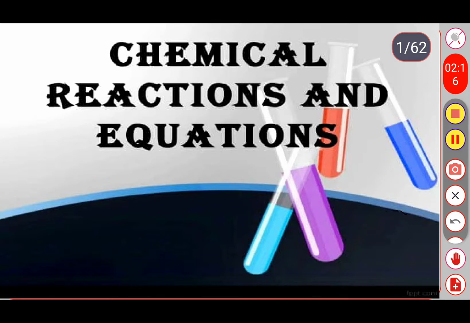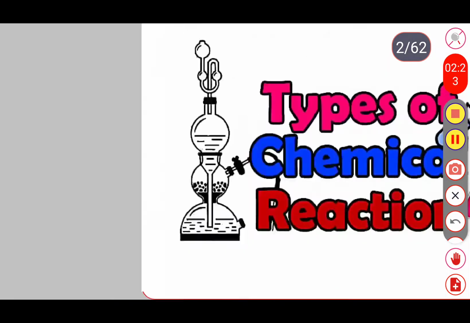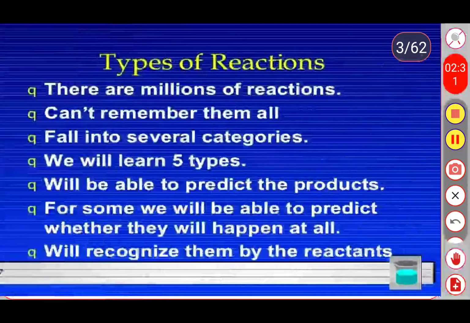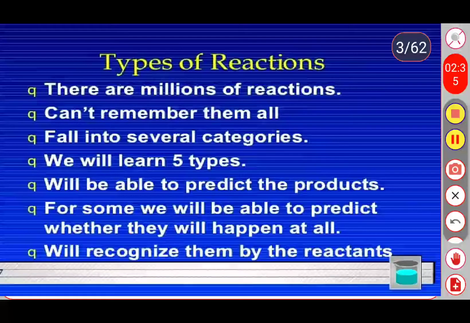These are very important for your examination. See the first one, the main concept is types of chemical reactions. What do you mean by a chemical reaction? As you already know, a chemical reaction is a combination of substances.